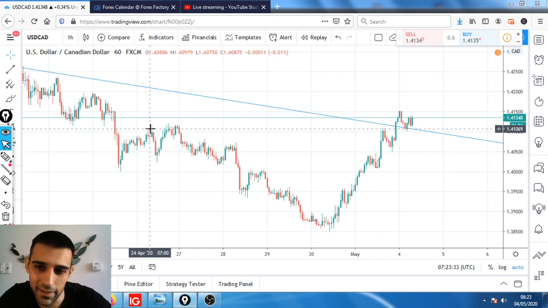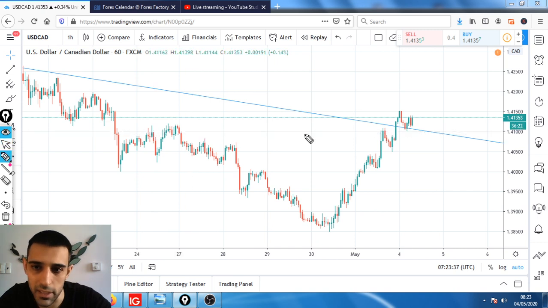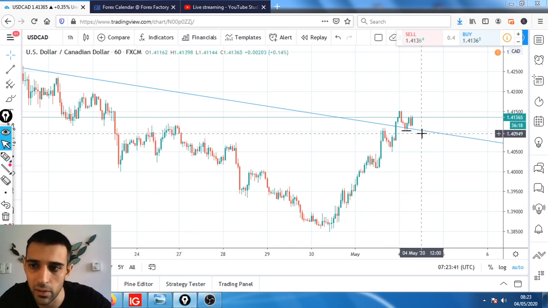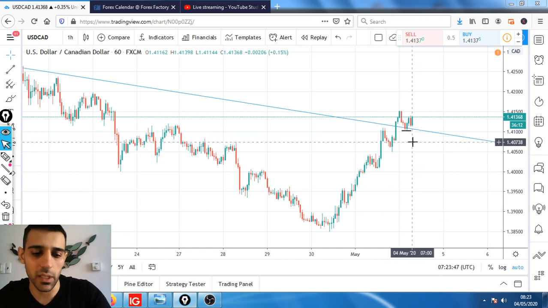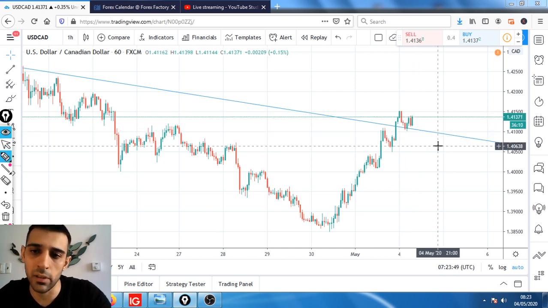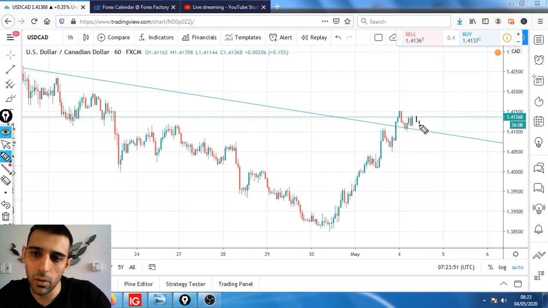But if you want to give it the extra safety, then we're gonna position our stop loss below this level in here. So we would be looking at about a 35 pip stop loss if you want to be extra safe, because there's a good chance that the price will come down to this level and might want to test this before continuing towards the upside.